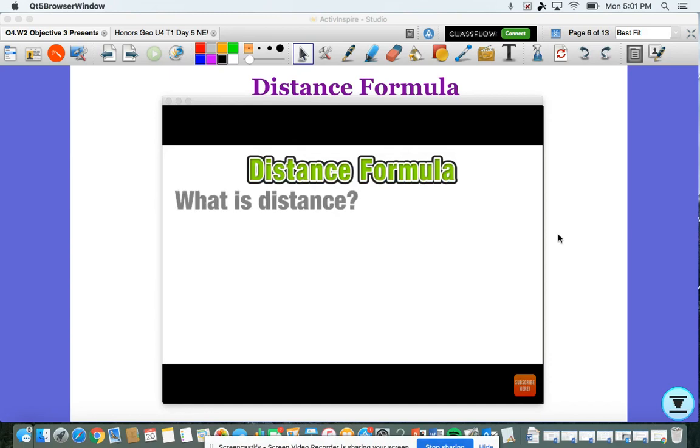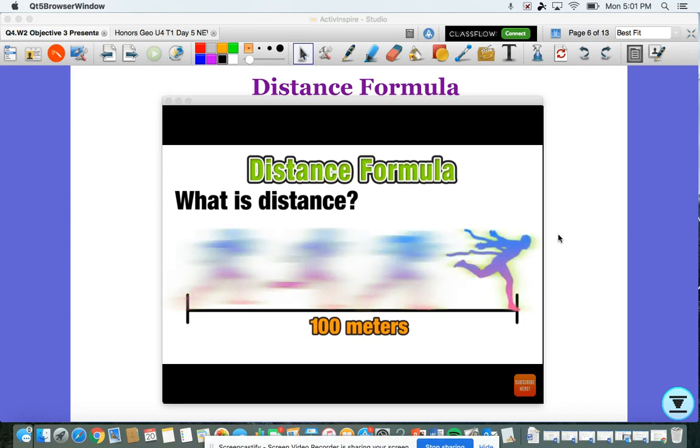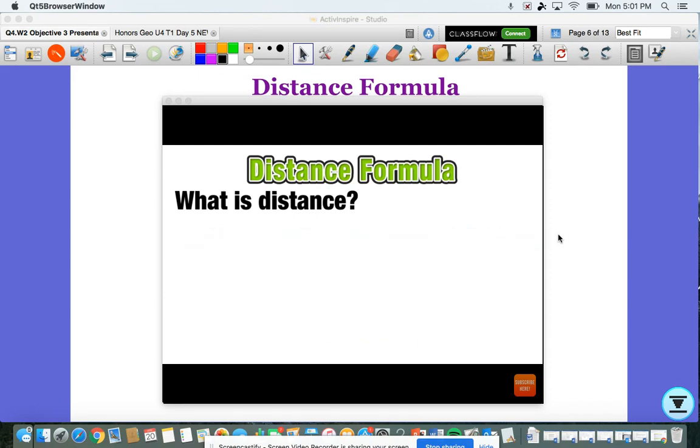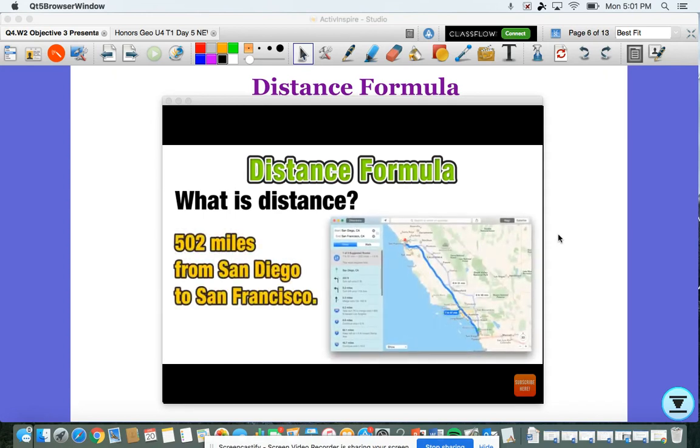Let's start off our lesson on the distance formula by asking ourselves, what is distance? We can think of distance as a length between a starting point and an ending point, just like a starting line and finish line in a 100-meter dash. When we use the GPS, we're looking at distances between a starting point and an ending point.